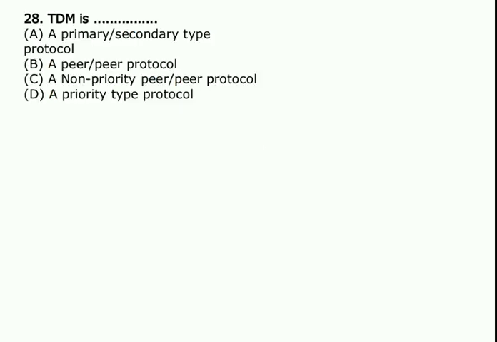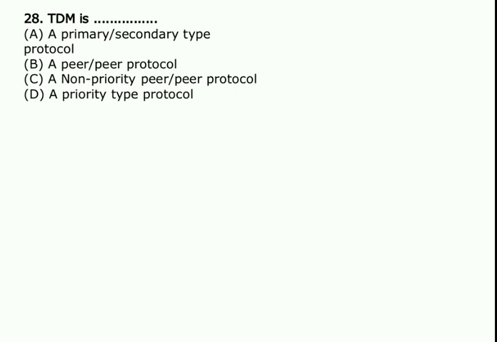Next, TDM is: a primary or secondary type protocol, a P2P protocol, a non-priority P2P protocol, or a priority type protocol. TDM means time division multiplexing. It is a method of transmitting and receiving independent signals over a common signal path by means of synchronized switches at each of the transmission lines, so that each signal appears on the line only a fraction of time in an alternating pattern.